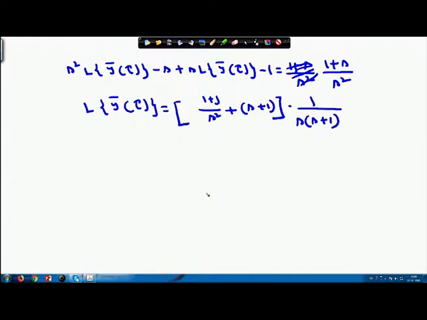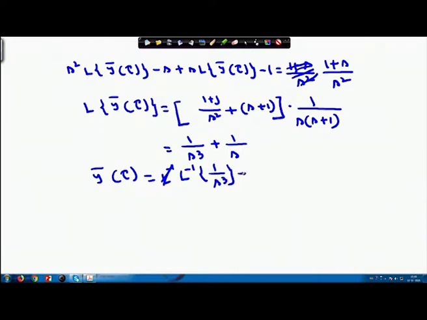And from here I can calculate this one. If I simplify this, I will obtain simply 1 by s cube plus 1 by s. So, that y bar tau, now you can write down y bar tau equals the Laplace inverse of 1 by s cube plus the Laplace inverse of 1 by s.